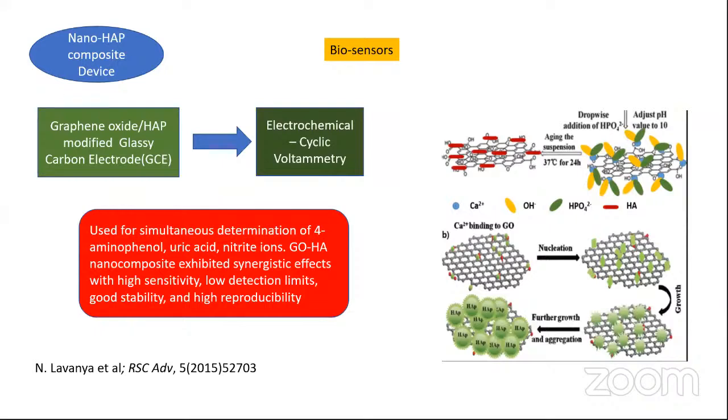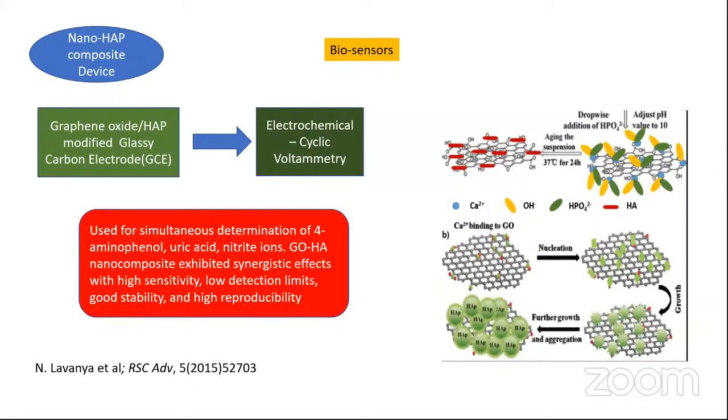So these electrodes are used for simultaneous determination of 4-aminophenol, uric acid, nitrate ions, and the graphene oxide hydroxyapatite nanocomposite exhibited synergetic effect with high sensitivity, low detection limits, good stability, and high reproducibility.